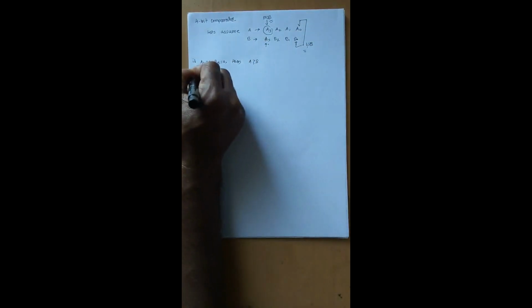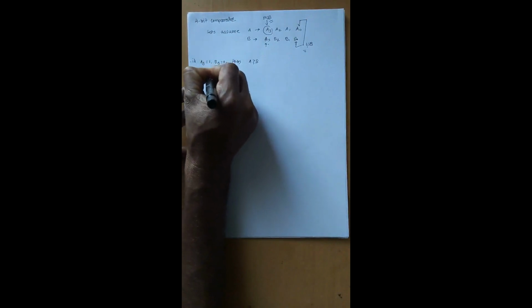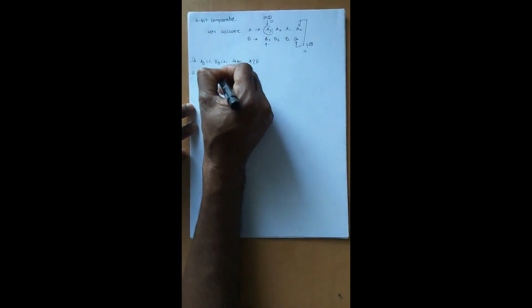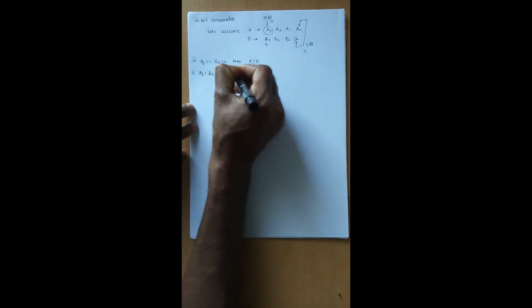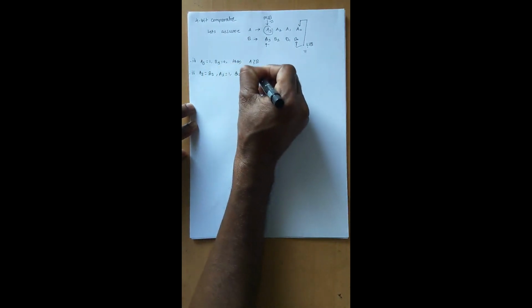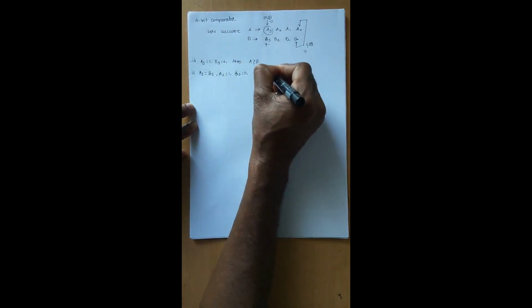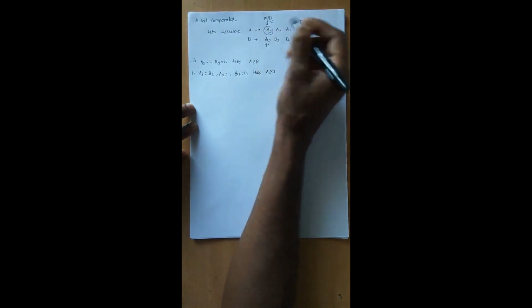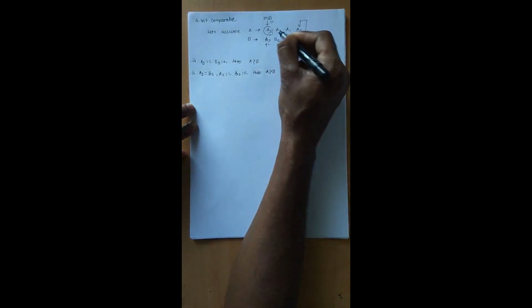Next possibility: A3 and B3 are both equal, that may be 0 0 or 1 1, and A2 is equal to 1 and B2 is equal to 0, then in this condition also A is greater than B, because assuming the other values are 0, this value is greater than this value.